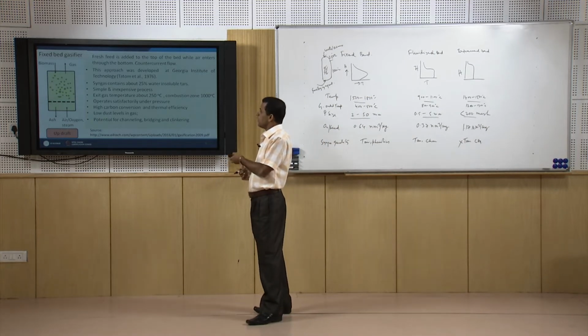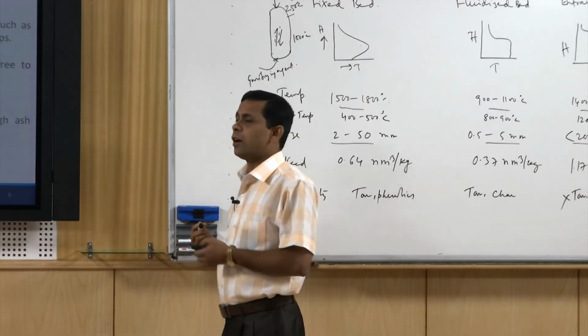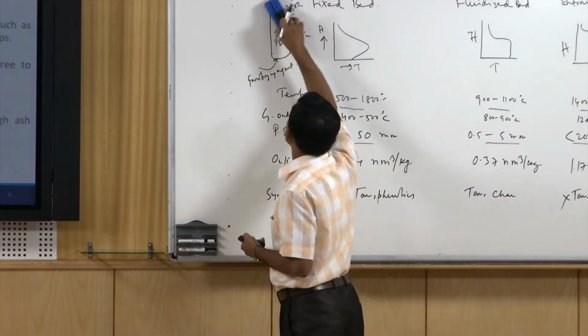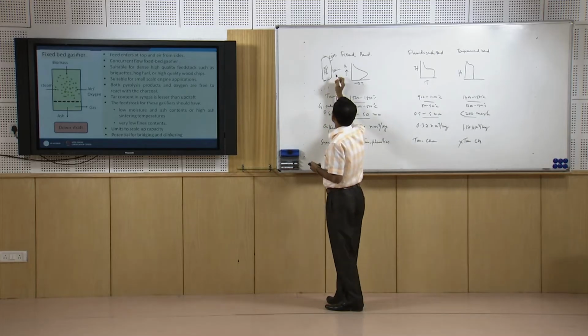as shown here, the new development of this gasifier was the downdraft gasifier. In the downdraft gasifier, the waste is put from the side and the gasifying agent is also put from the middle part.